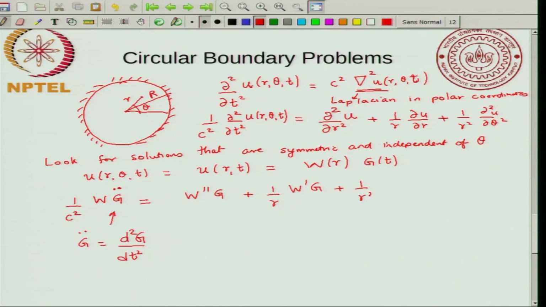The theta term will not be there because u is independent of theta.